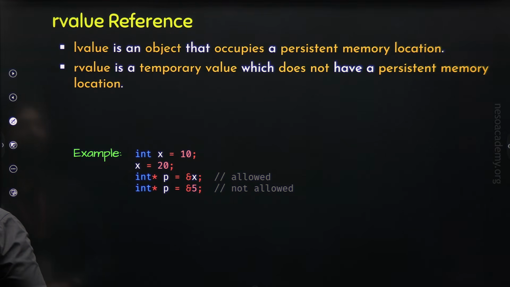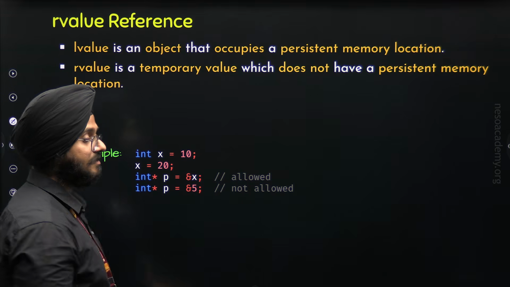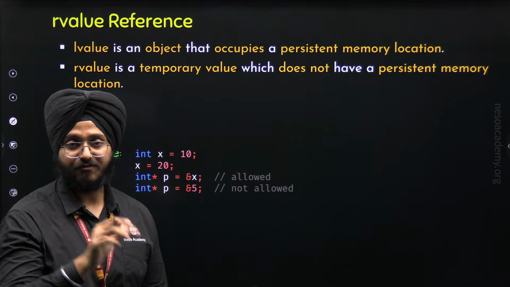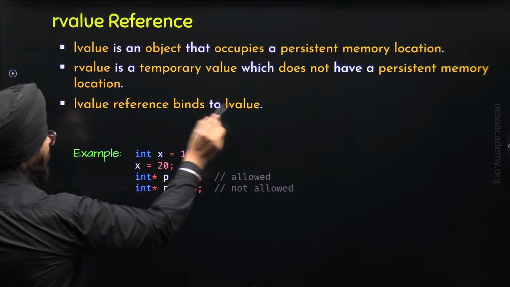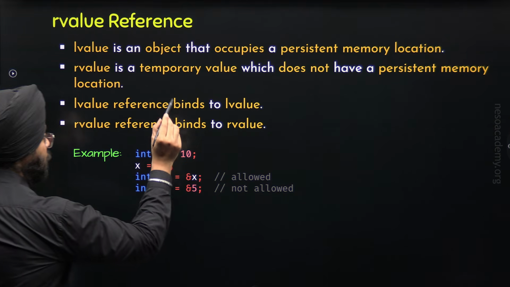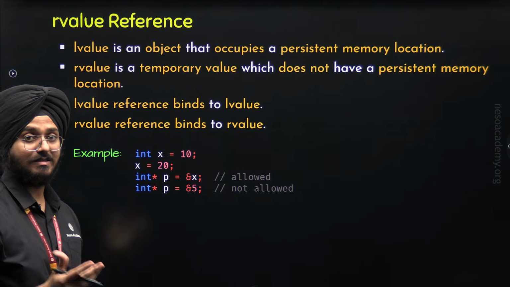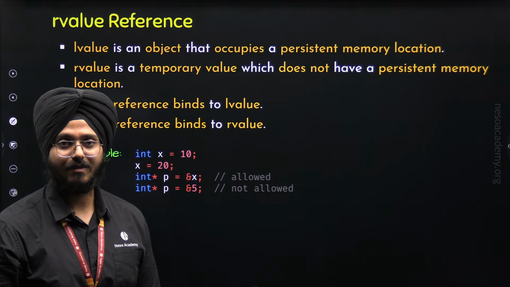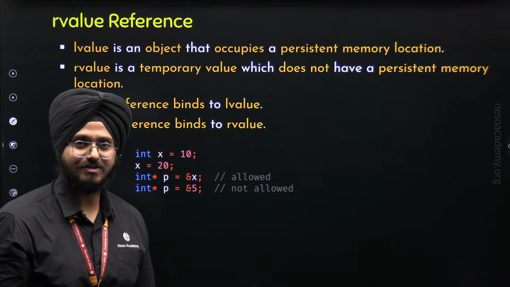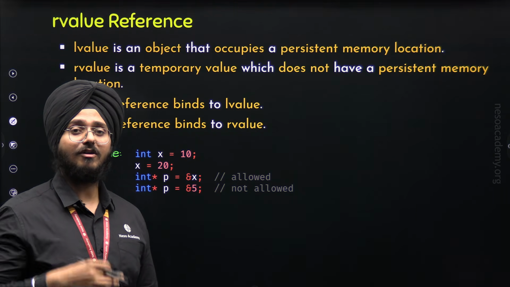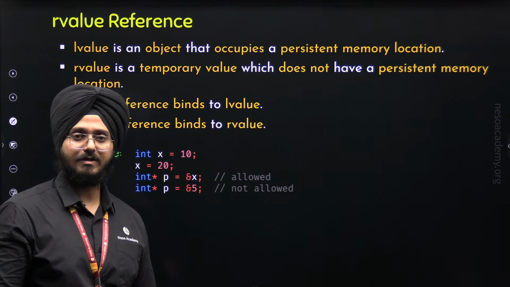Now let's understand what is lvalue reference and rvalue reference. Lvalue reference binds to lvalue and rvalue reference binds to rvalue. As simple as that. We know what a reference is. A reference is an alias, or we can say just another name of some object.